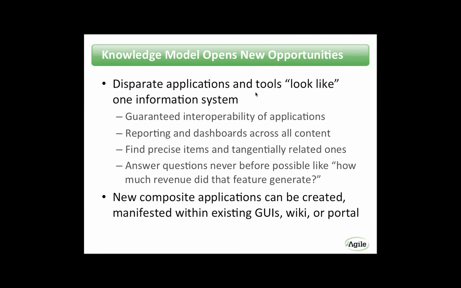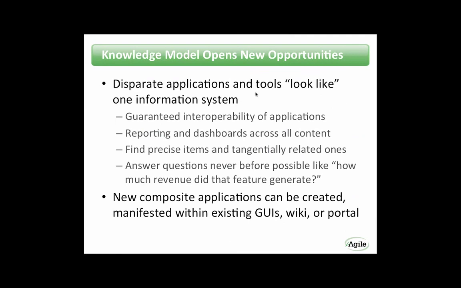That gives you guaranteed interoperability of the applications. That gives you a reporting layer so you can have a cohesive view of what's going on with reporting and dashboards. You can find precise items and their tangentially related ones instantly instead of doing just a keyword search.